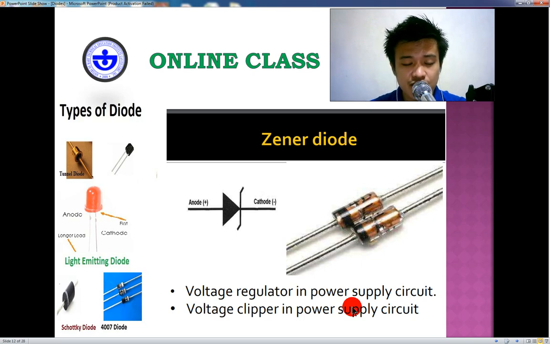So it means this Zener diode can be used also as a regulator and voltage clipper of a power supply circuit.